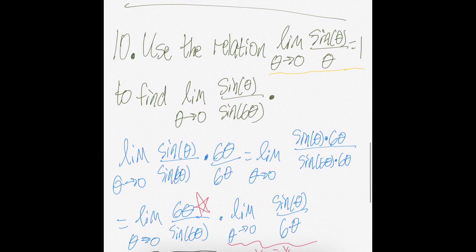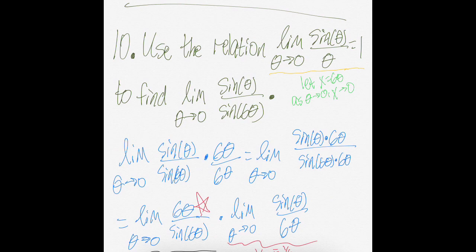You might be asking, well, Bailey, the relation up here says sine of theta over theta. So why does it still work if we've changed theta to 6 theta? Well, the important thing is just that it's something. If I wanted to, I could let x be 6 theta. Then notice that as theta goes to 0, x also goes to 0, because x is 6 times theta.